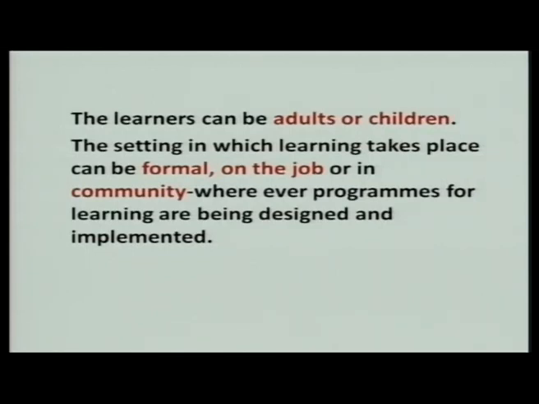Learners can be adults, learners can be children, anybody can be learners. For anyone, you can prepare instructions and you can arrange events deliberately so that the learning becomes easy and better. Now, what is the setting where you can do it? The setting can be formal, it can be on the job or community, wherever it may be.